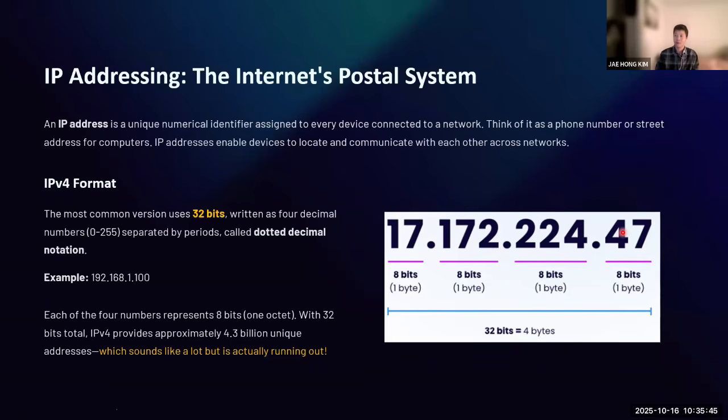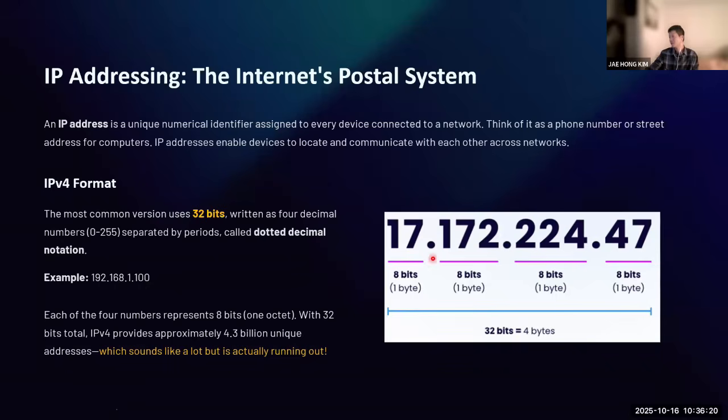The most common version uses 32 bits, written as 4 decimal numbers from 0 to 255, separated by periods, called dotted decimal notation. This is an example, which I believe you may already know: 192.168.1.100. This is an example of an IP address, with 4 decimal numbers.